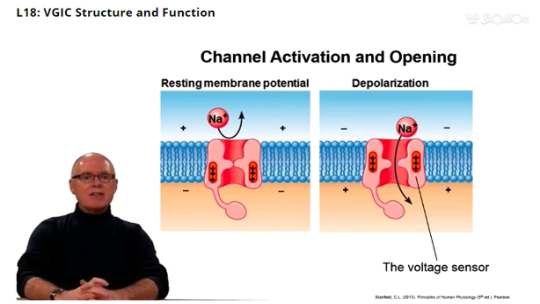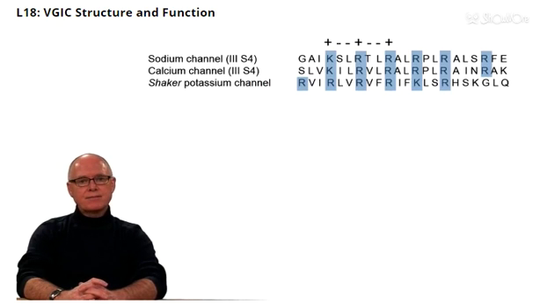The sensitivity of these channels to membrane potential or voltage is a result of the residues that traverse the membrane. This region of amino acids or residues that trigger the protein's conformational change as a consequence of changes in membrane potential is called the voltage sensor.